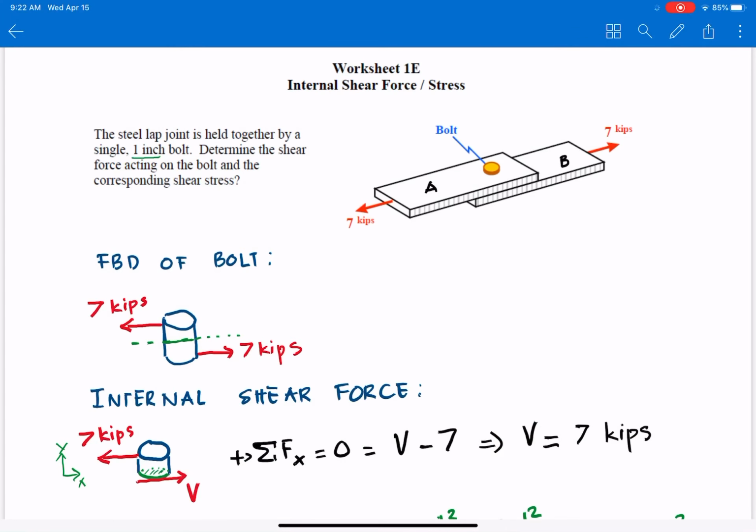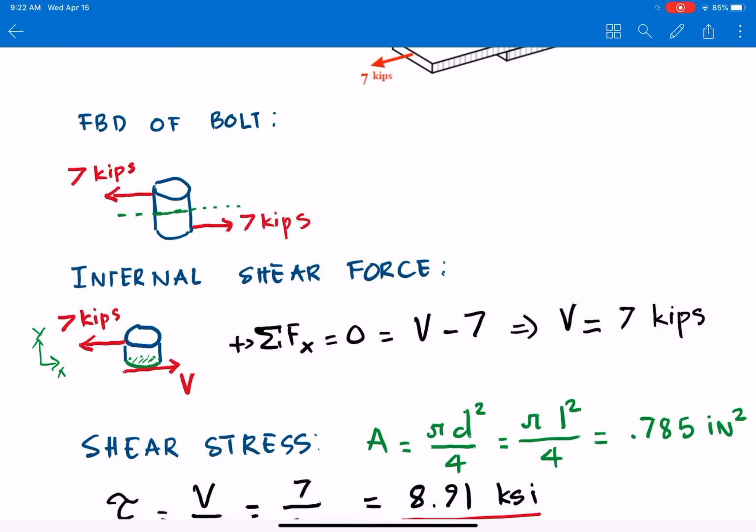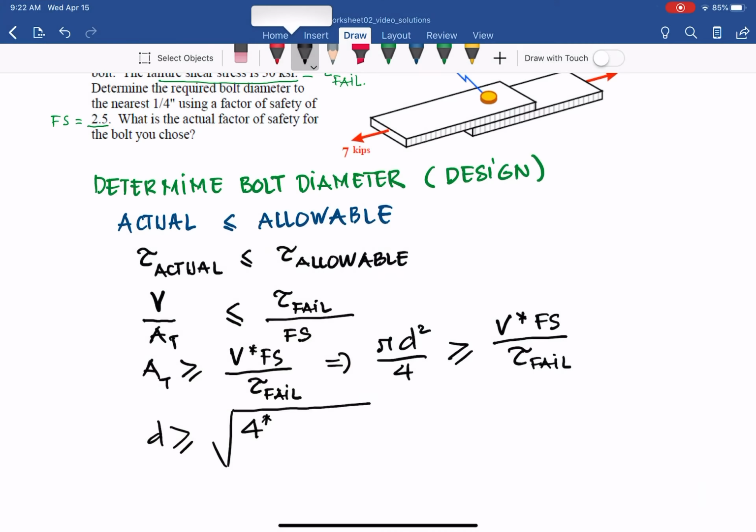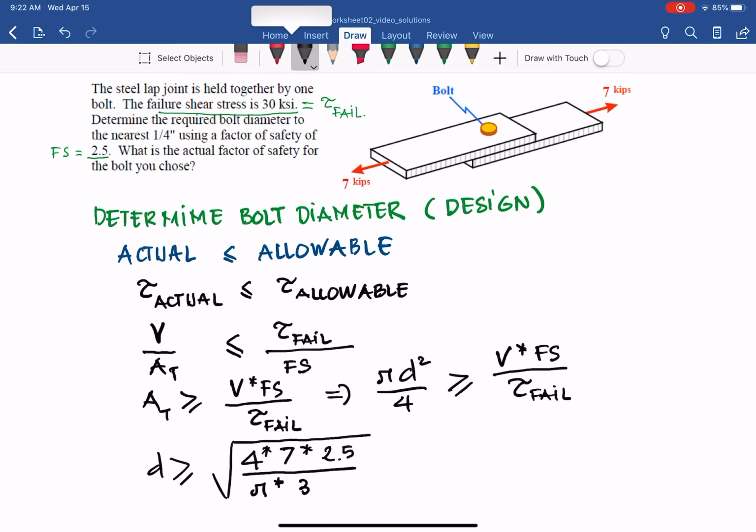For single shear, the shear force equals the applied load of 7 kips. So it will be 7 times the factor of safety, 2.5, divided by pi times tau fail, given as 30 ksi, kips per square inch. From that you will get 0.863 inch.